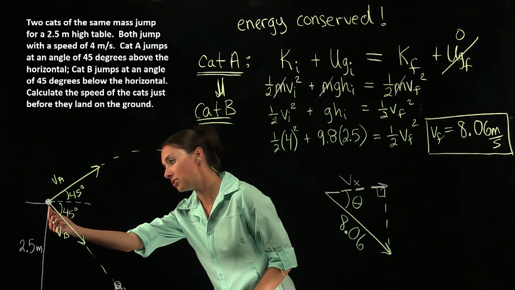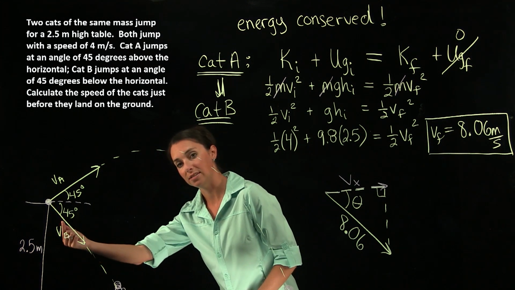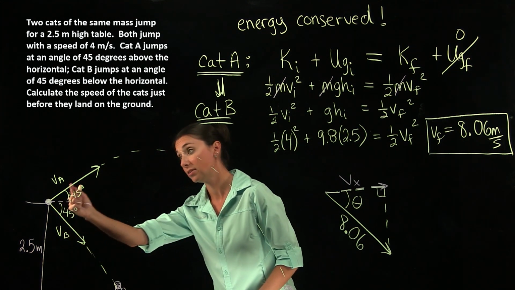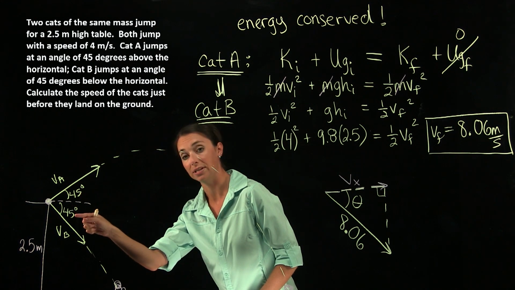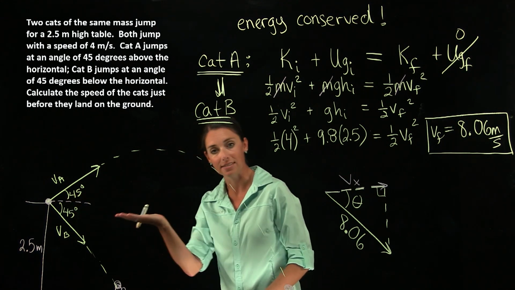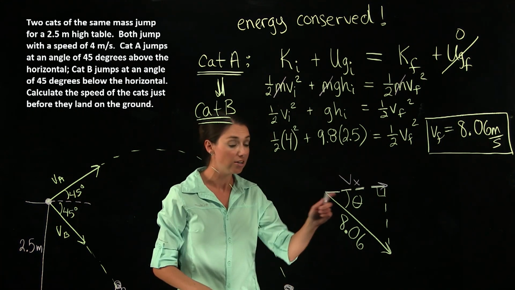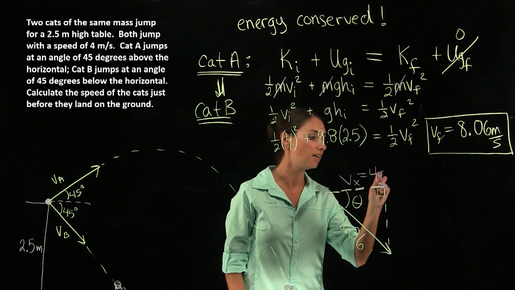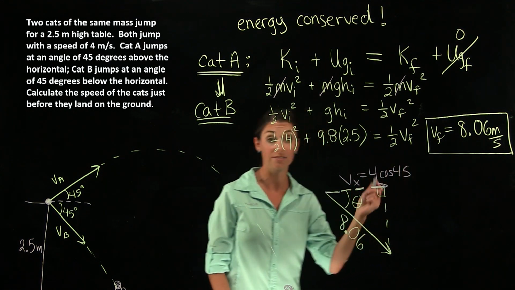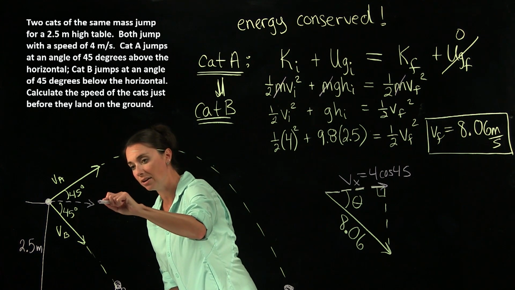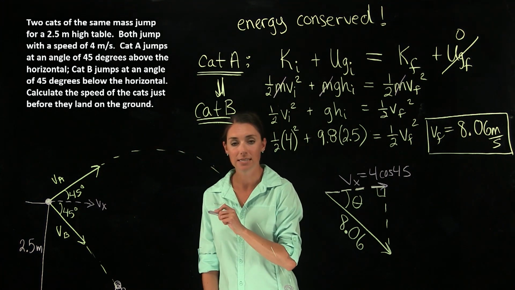And both of them start with this diagonal velocity of 4. One is up at an angle, one is down at an angle, but they both have that same x component when they start. So your Vx for both cats is just 4 cosine 45, and that's taken from the beginning of this story. So they have the same Vx.